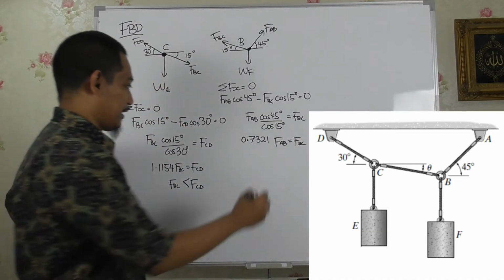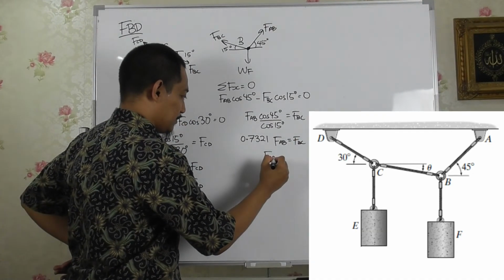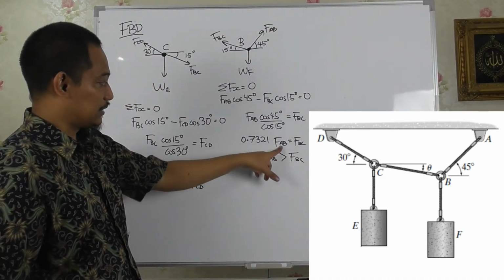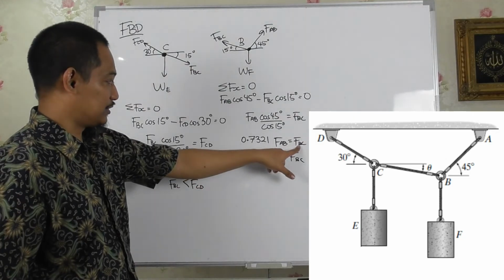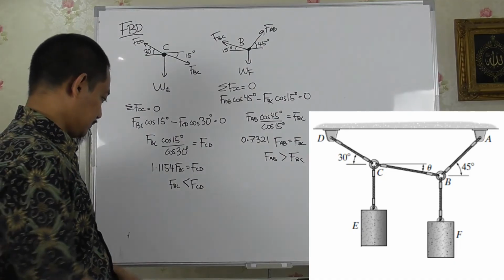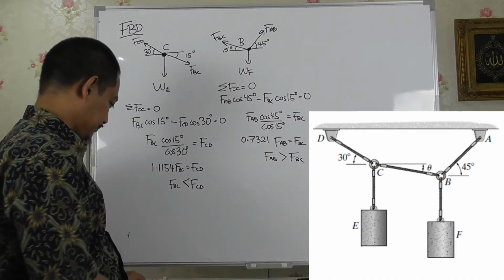Meaning what? Meaning FEB is larger than FBC. Why? Because if FEB is 1, FBC becomes 0.73. So this is smaller.